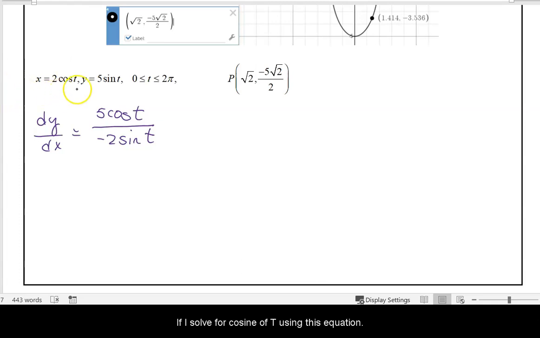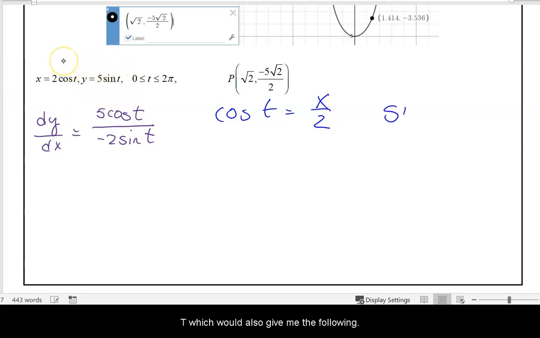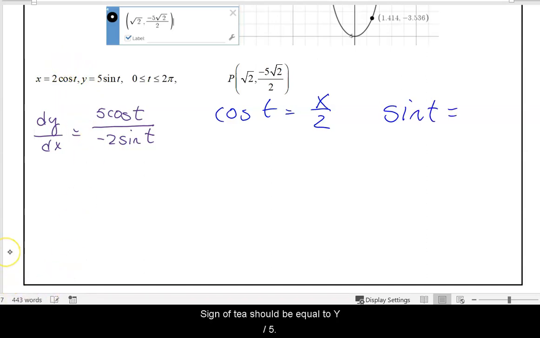If I solve for cosine of t using this equation, I should come up with cosine of t equal to x divided by 2. Similarly, I can take this equation and solve for sine of t, which would also give me the following. Sine of t should be equal to y divided by 5.